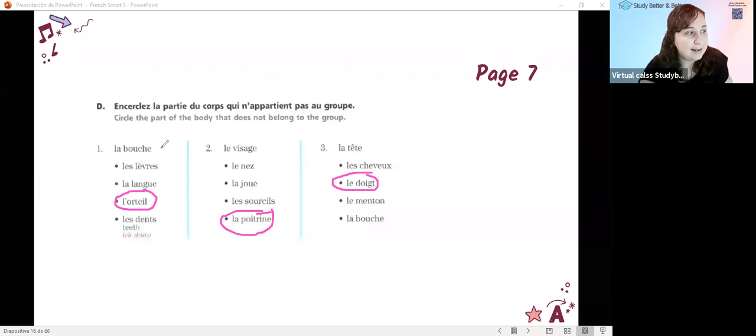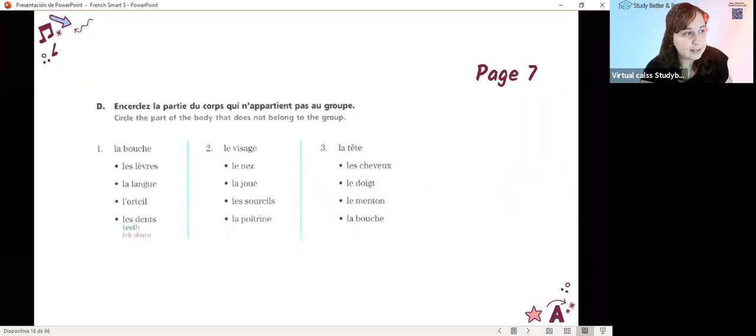We're gonna say les lèvres, la langue, l'orteil, les dents, le visage, le nez, la joue, les sourcils, la poitrine, les cheveux, le doigt, le menton, et la bouche. When we have singular, it's le, and when we have plural, we have les.